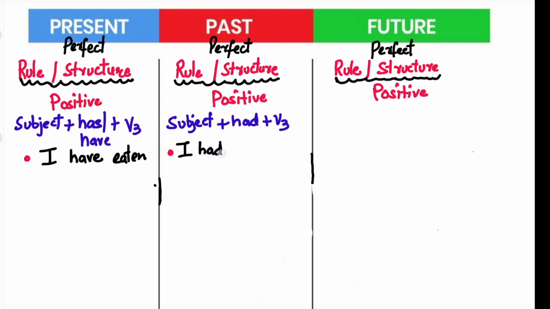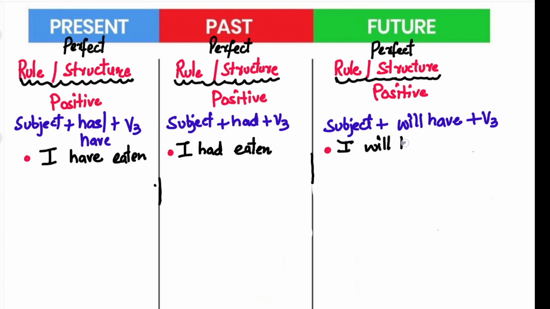Example: I had eaten. Future perfect. Rule of future perfect is subject plus will have plus V3. Example: I will have eaten.